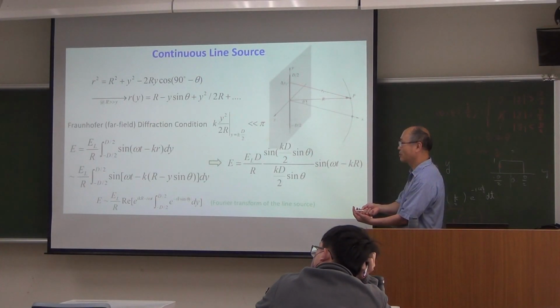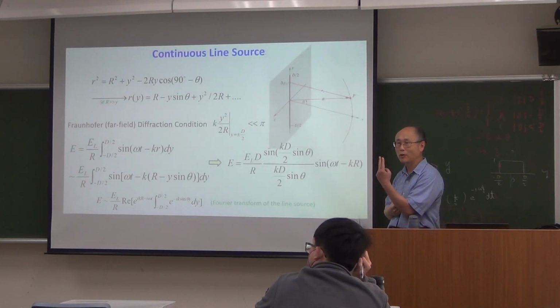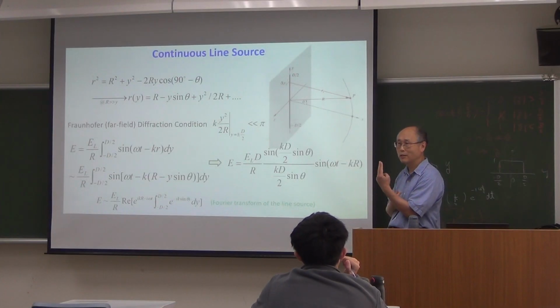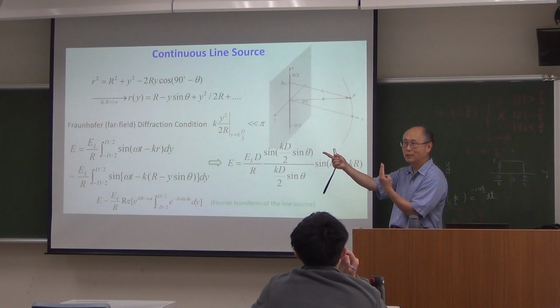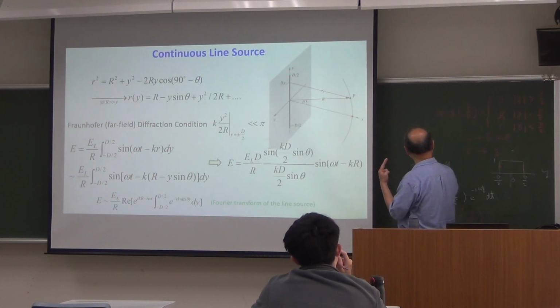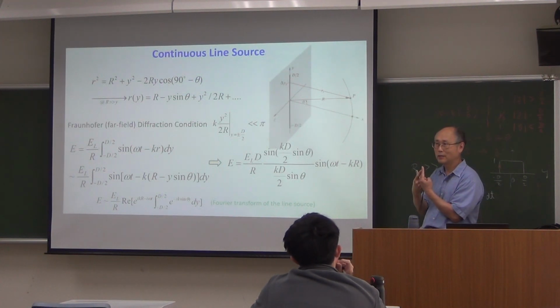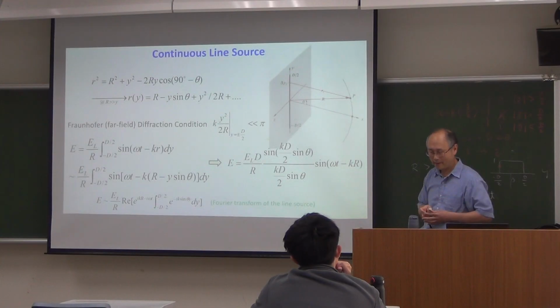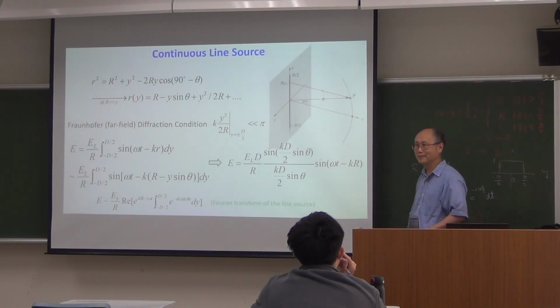The field pattern you see on the wall here is a Fourier transform of my slits. So it's a sinc function. This is the rectangular function. All right. So you get the point.